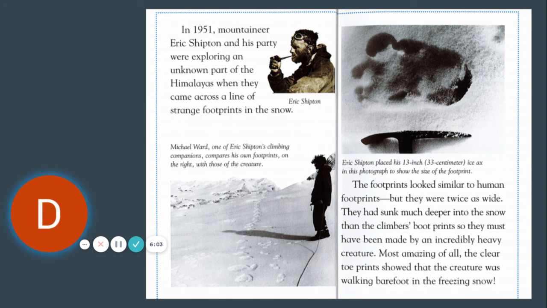They change from just exploring to being puzzled because they didn't know what this was. So the big change for Eric Shipton and all the men in the party is that now they're confused because they don't know what those footprints were from. It's sort of a mystery, and they are in a state of wonderment.